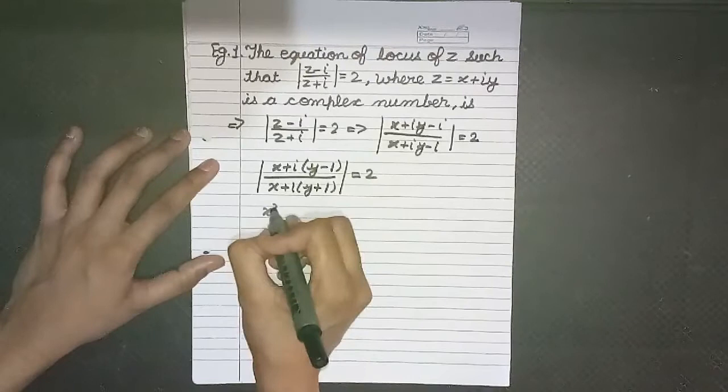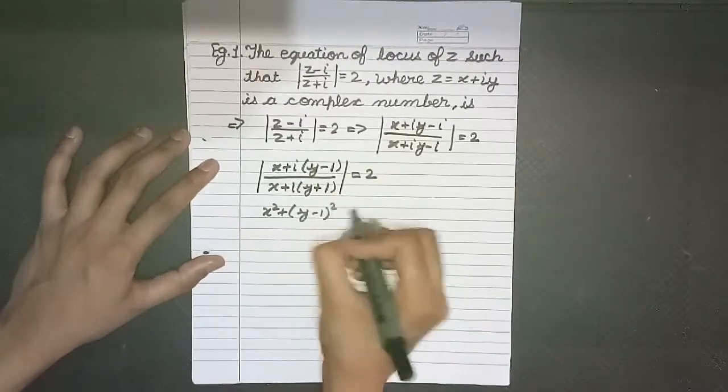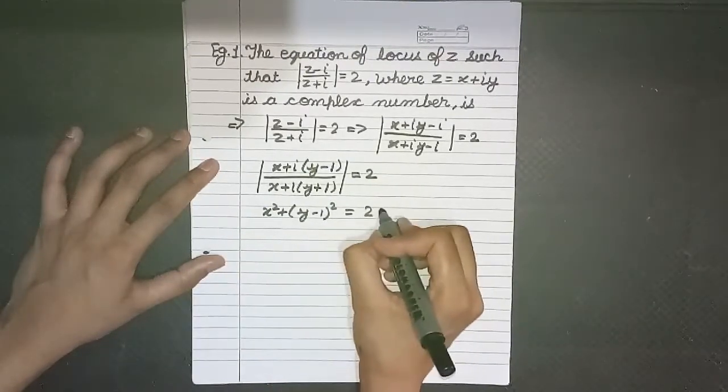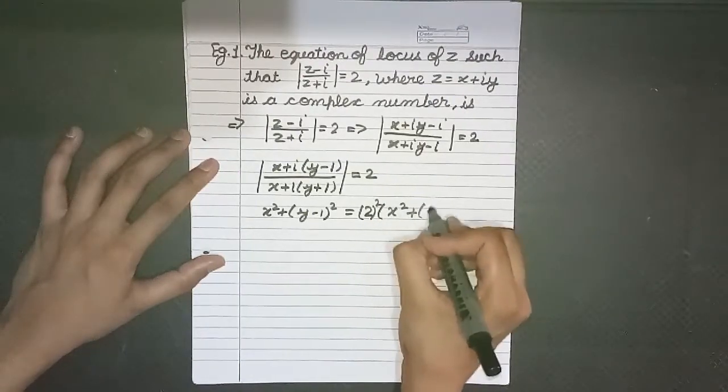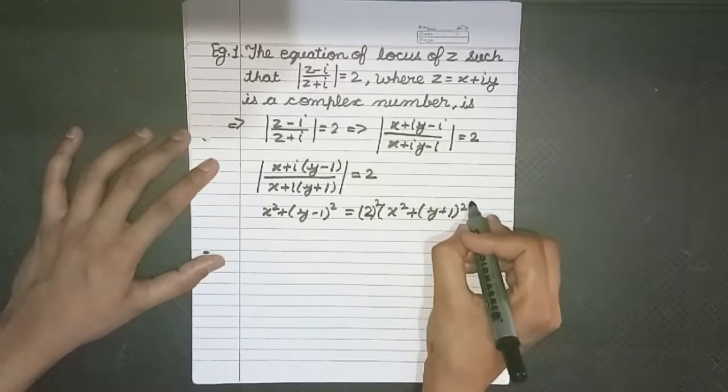Here we get x square plus (y minus 1) square equal to 2 square into (x square plus (y plus 1) square).